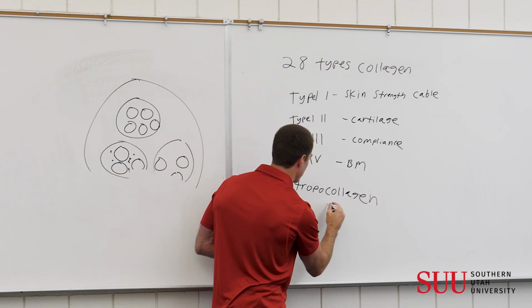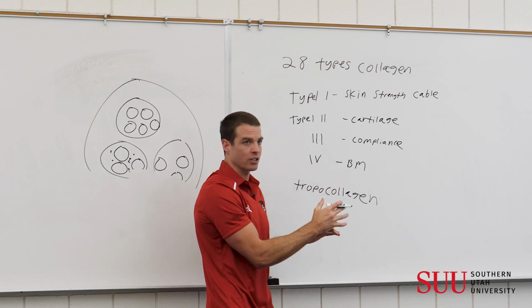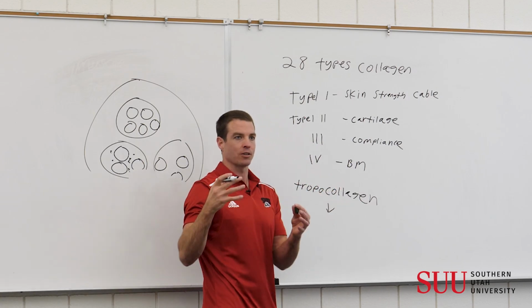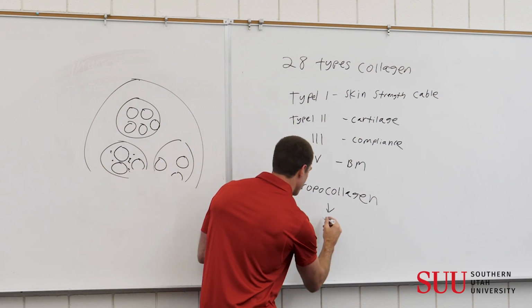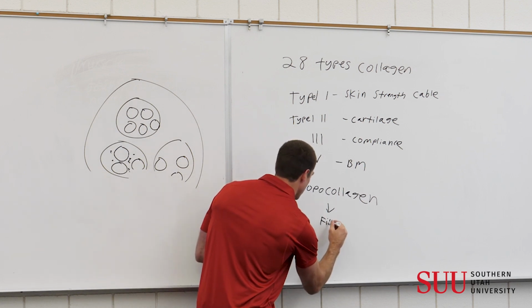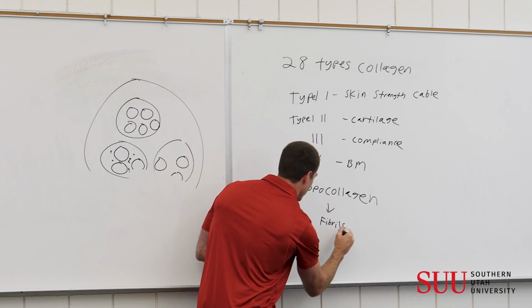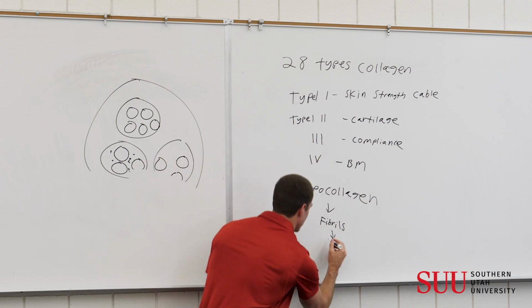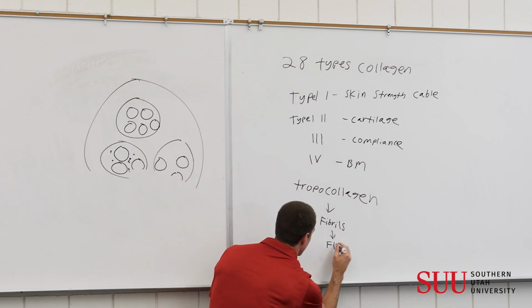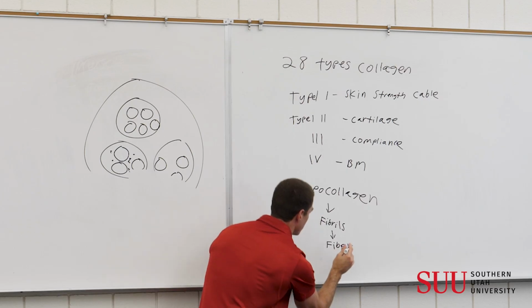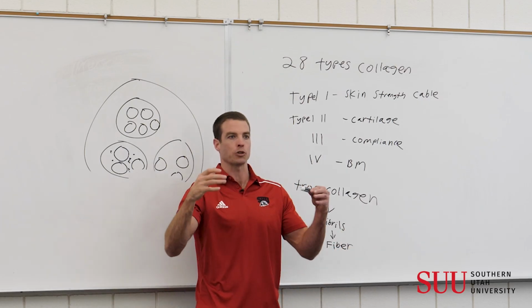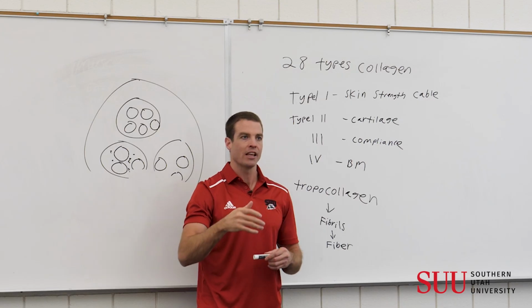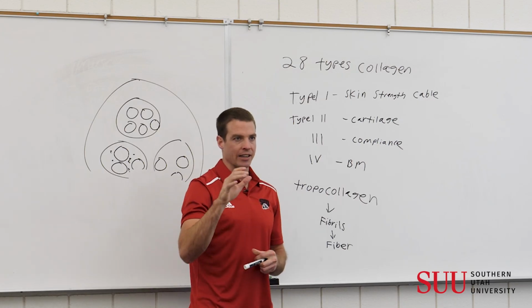This is going to combine together the helix structure to form your next level, which is going to be your fibrils, all right? And then your fibrils combine together to form your fiber. And then your fibers come together to form your actual connective tissue, all right? So it's good to understand that.